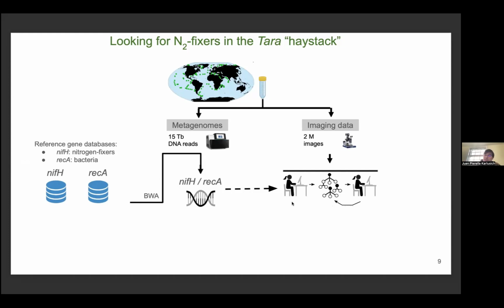And with those few examples, around a few dozen initial example images, we were able to generate a machine learning model that was applied to the 2 million images. This was used to predict new nitrogen fixer images, the predictions were curated in order to improve the model, and run again. And this was an iterative process until no new images appeared.